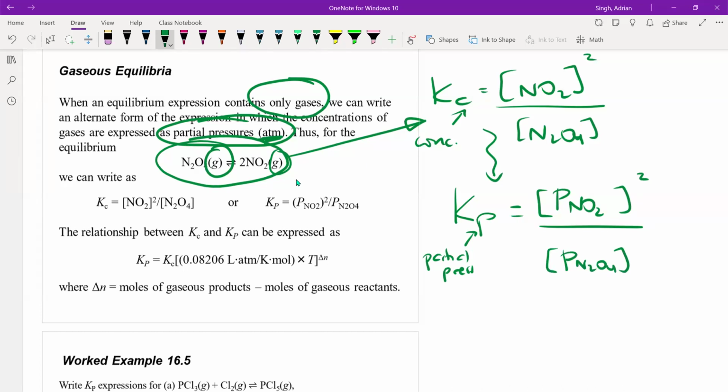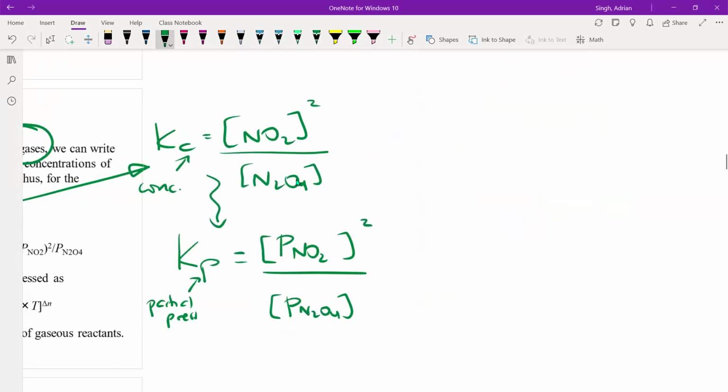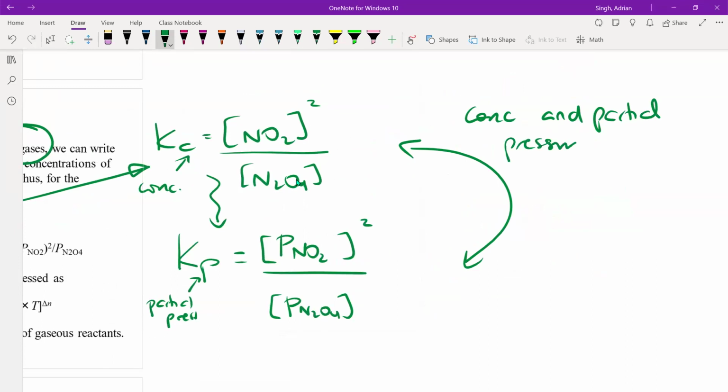Okay, now the relationship between Kc and Kp, because concentrations are not necessarily equal to partial pressures. You can't assume that they are.